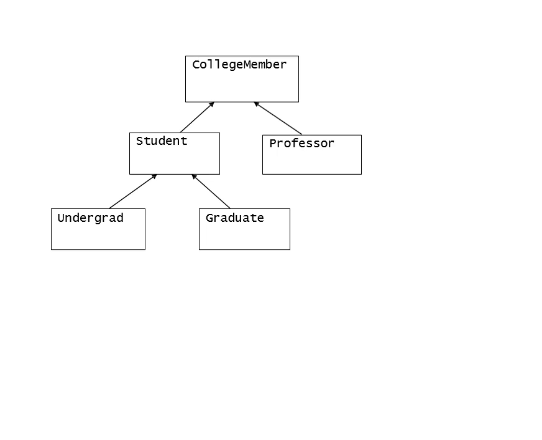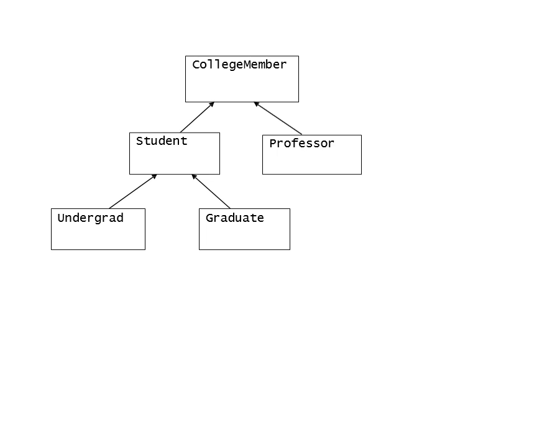And students and professors both are college members. So you have this idea of a college member at the top of the hierarchy, and then in that you have two subclasses, student and professor, and within the student class you have two subclasses of that called undergrad and graduate. And you can model that with a program that uses inheritance.